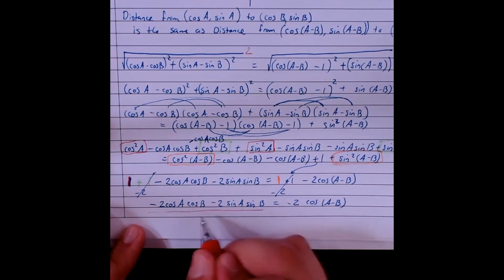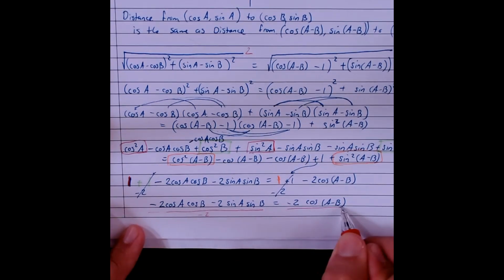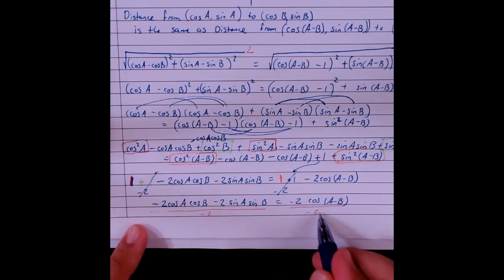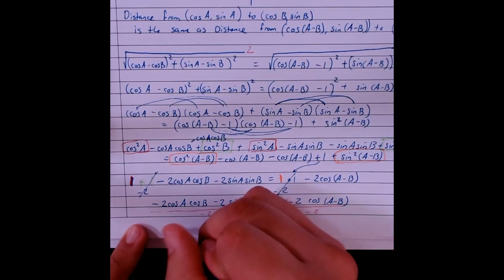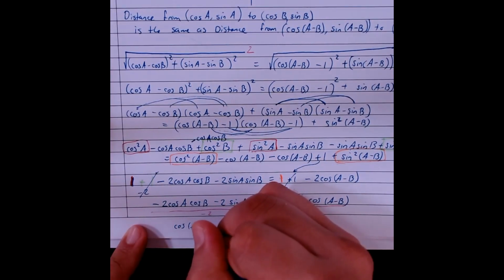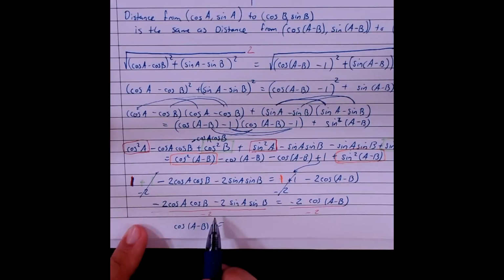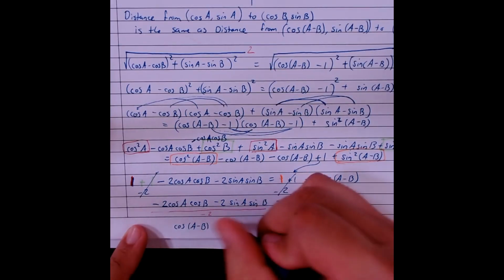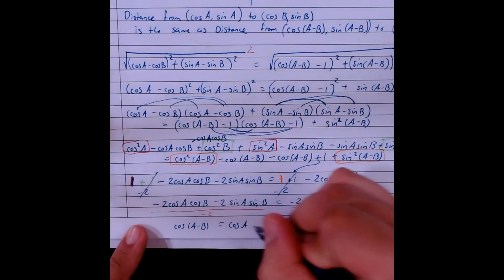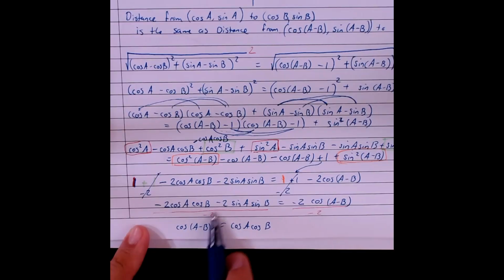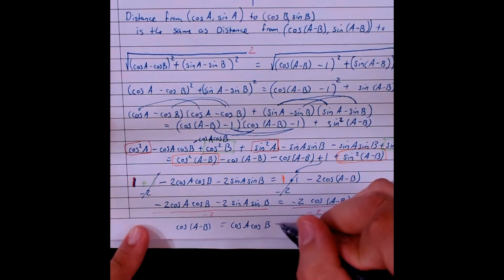And by doing that, that just gives me cosine of A minus B is equal to cosine of A cosine of B, and if I divide these, that's positive 1, so plus sine of A sine of B.